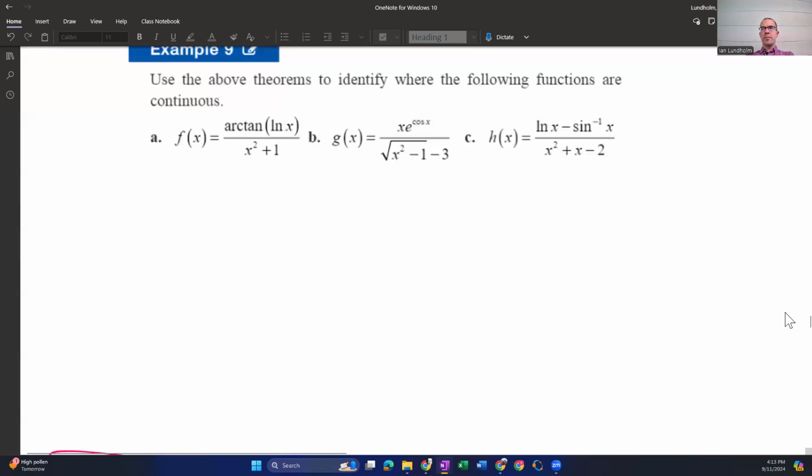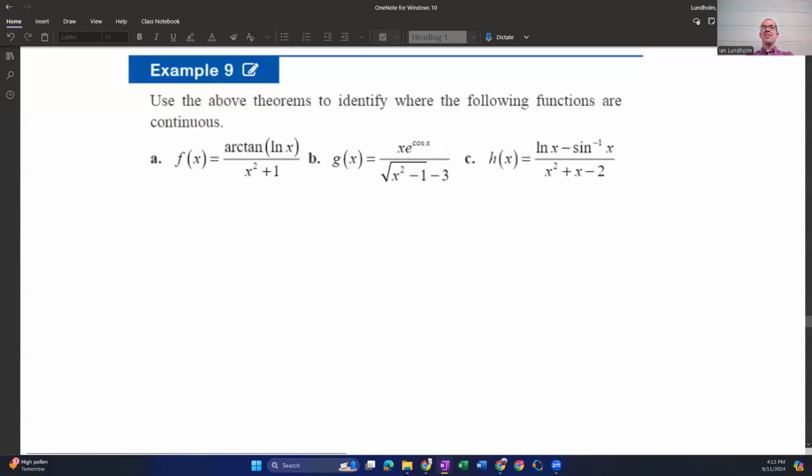This one says, use the above theorems to identify where the following functions are continuous. Again, this one feels a lot like example 7, with just more functions. Maybe we could just do part A to get a little bit of a flavor for this, but otherwise, we're good.